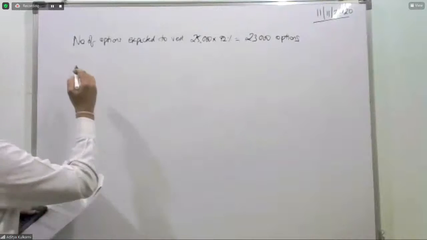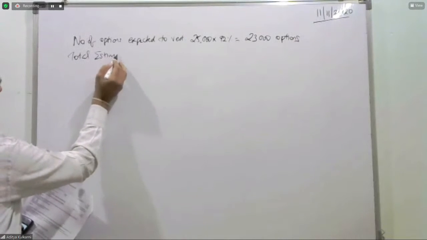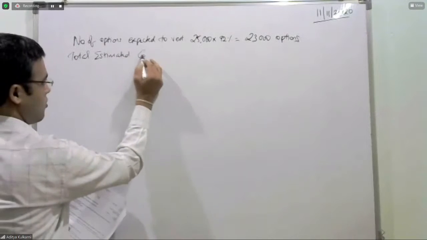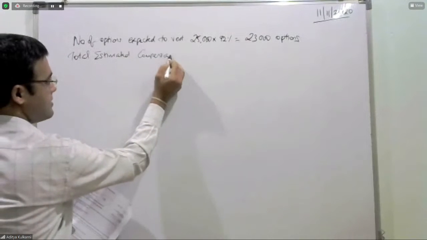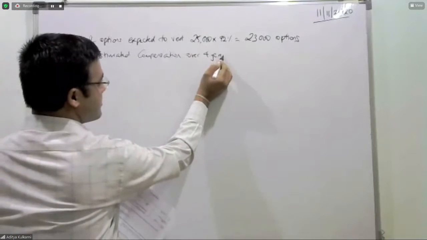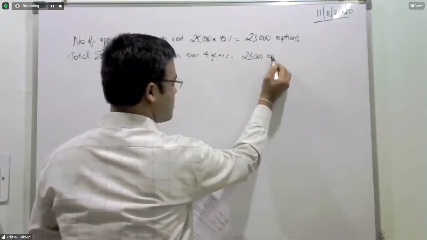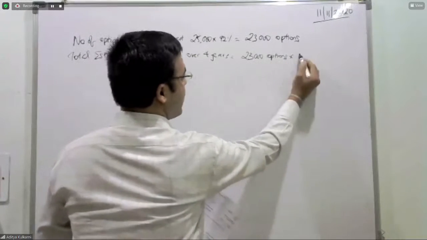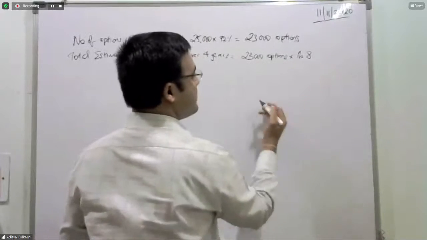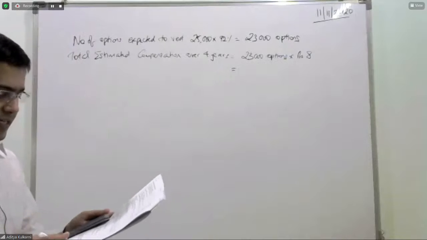Now, total estimated compensation over 4 years. That is nothing but 23,000 options, and each option has a fair value of rupees 8. So 23,000 into 8, that gives you how much?